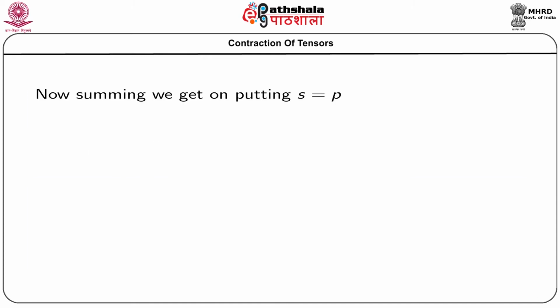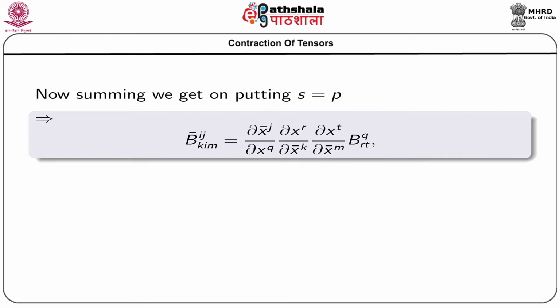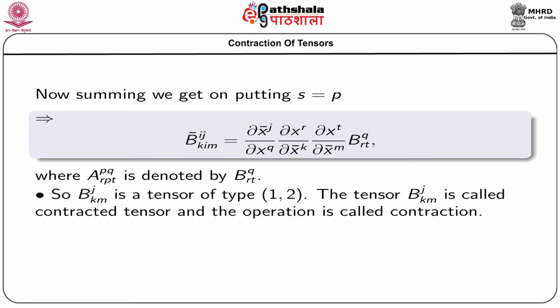Which takes the form, if we take s equal to p, B bar i j k i m equals this one, del x bar j, del x q, del x r, del x bar k, del x t, del x bar m, B q r t, where A p q r p t is denoted by B q r t.